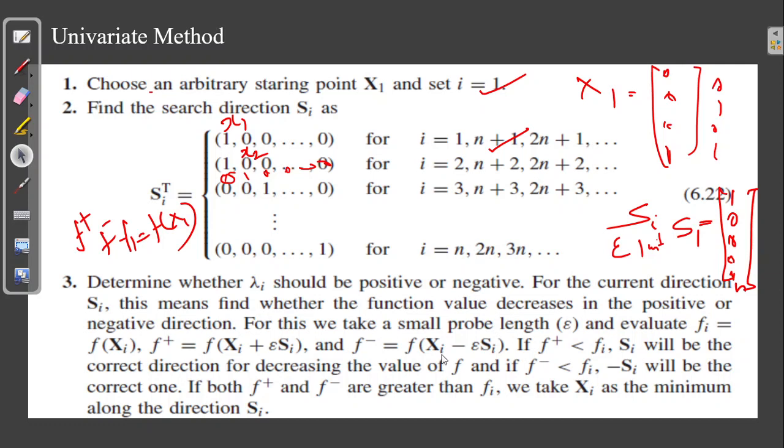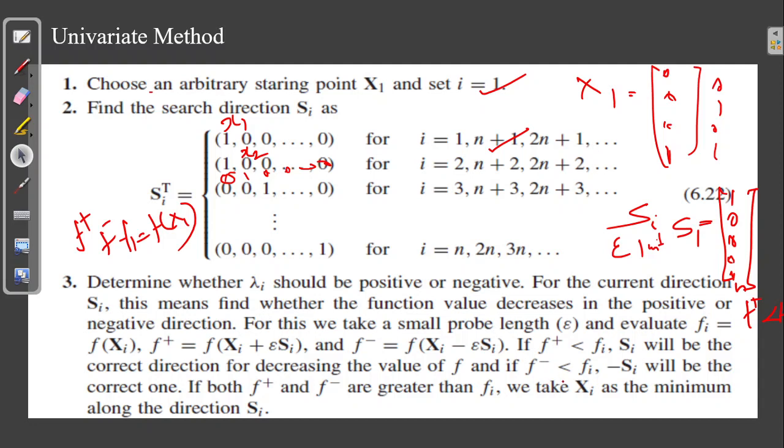Then we will check whether f plus is less than f1. If f plus is less than f1, then the assumed direction is the correct direction for decreasing the value of f.